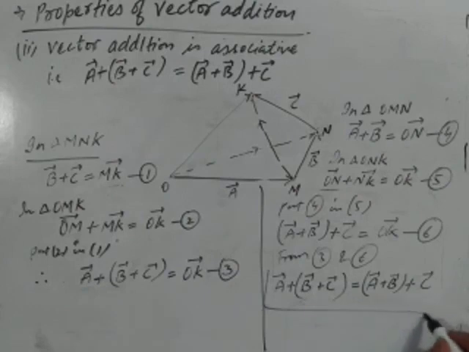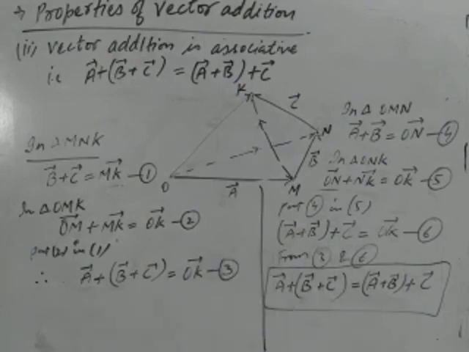So this proves the identity that vector addition is associative in nature.